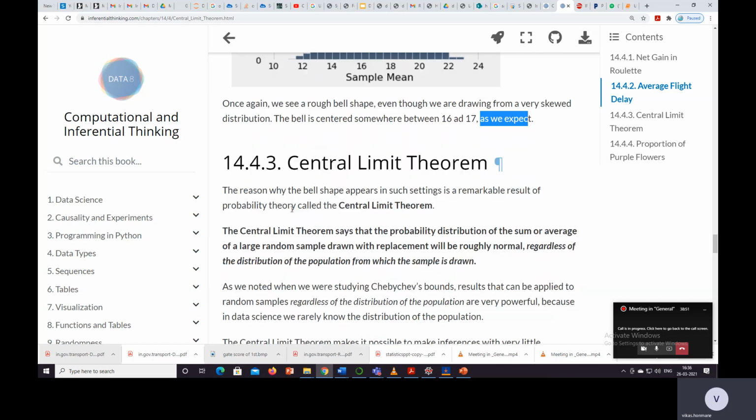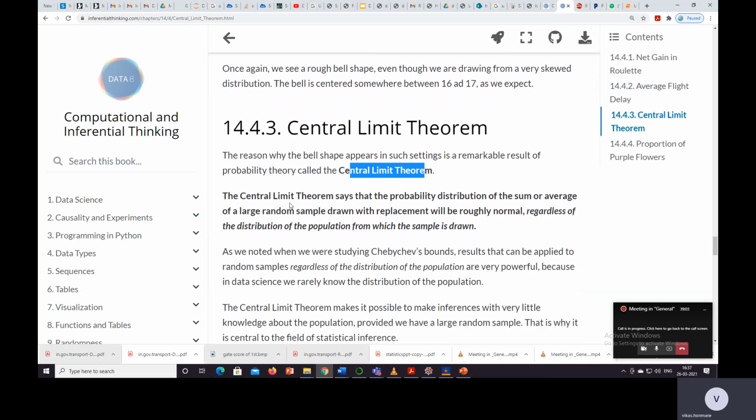The reason why the bell shape appears in such a setting is a remarkable result of probability theory called the central limit theorem. The central limit theorem says that the probability distribution of the sum or average of a large random sample drawn with replacement will be roughly normal, regardless of the distribution of the population from which the sample is drawn.